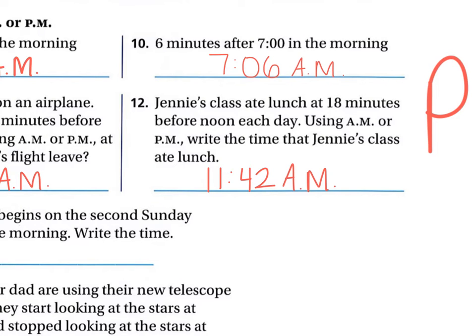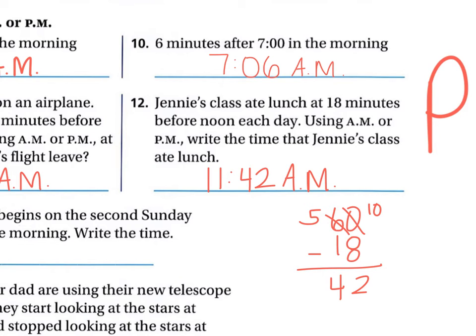Or you could have subtracted 60 minus 18. And when you do that, you get 42. So there's our 42. Remember, since we are before noon, we are in the 11th hour, so 11:42.